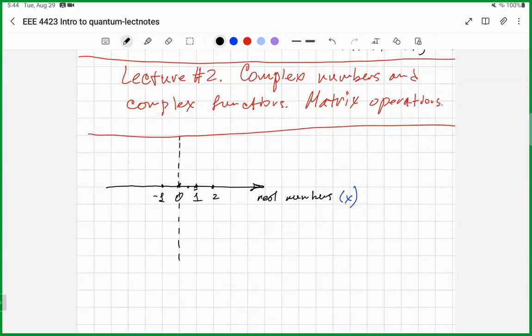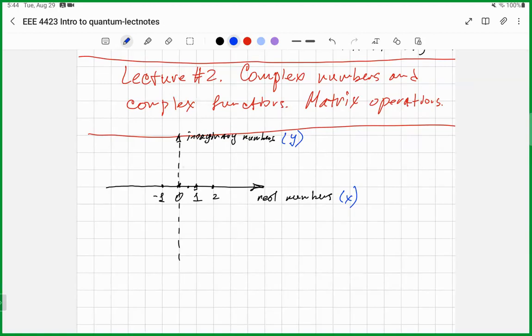and we do that by continuing to the complex plane. So we still have all these real numbers on the real number axis, but we also introduce the orthogonal axis of imaginary numbers, and we will denote it by axis y. So the imaginary numbers are a little bit different.